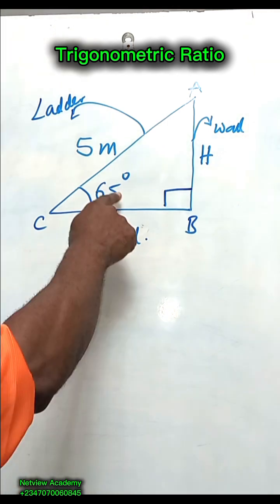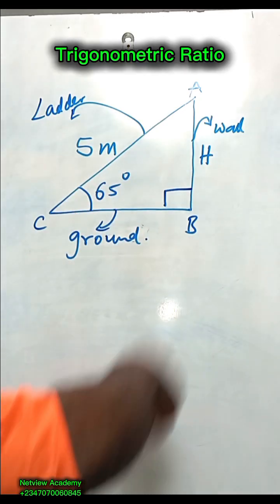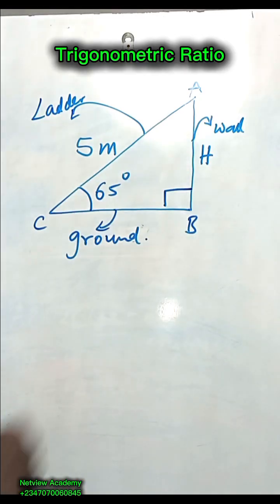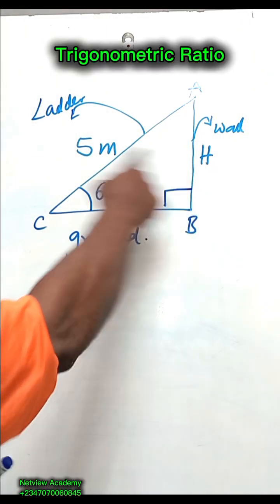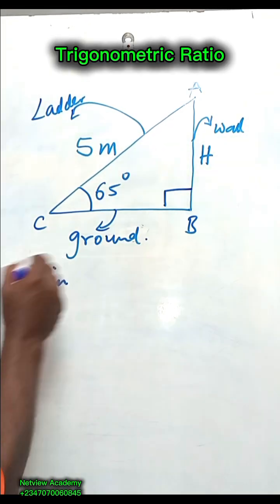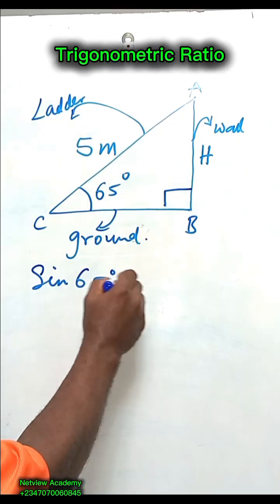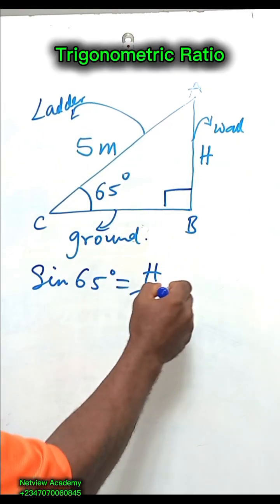The angle that the ladder makes with the ground, 65 degrees, is provided. H is opposite to the angle. So if we apply opposite all over hypotenuse, this becomes sine 65 degrees is equal to H all over 5.